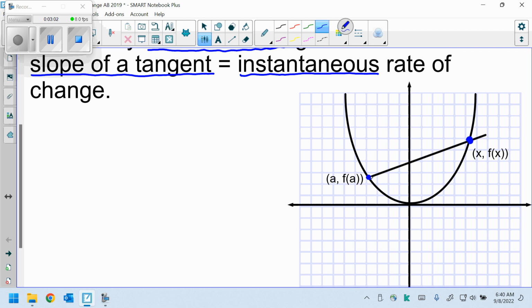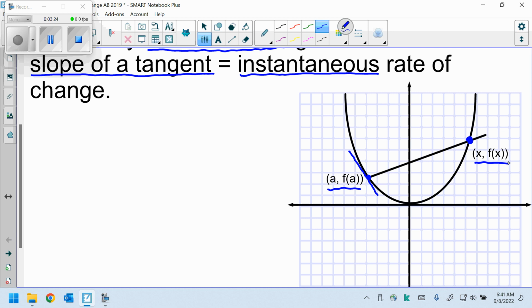Now a tangent line right here would probably look something like that, wouldn't it? Well, this secant line between the points a, f of a, x, f of x, is nowhere close to that tangent line.